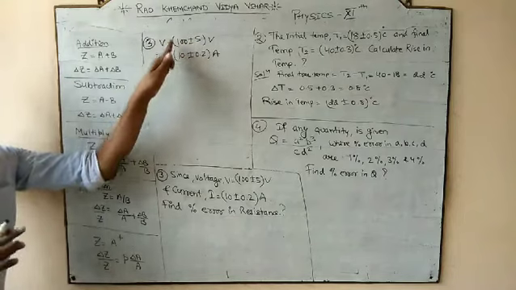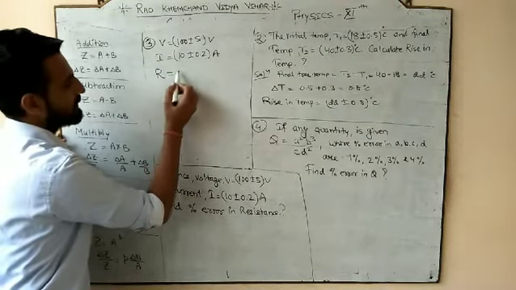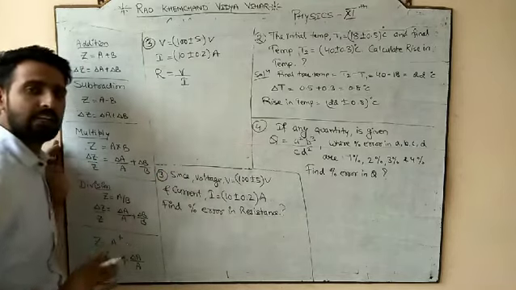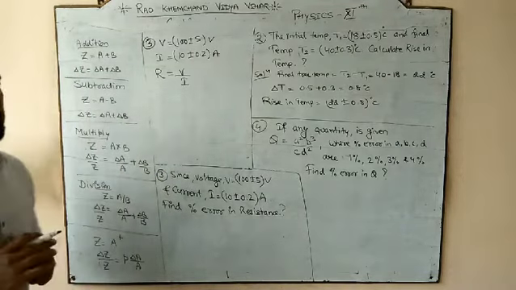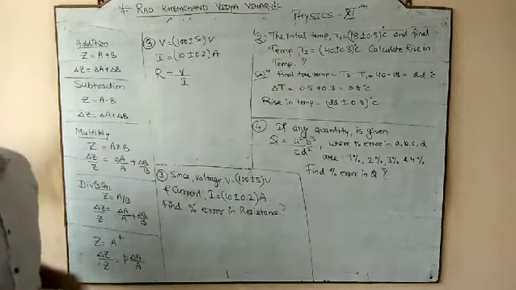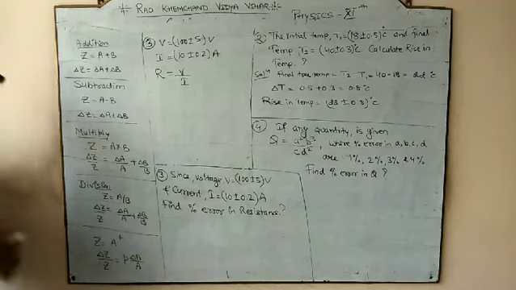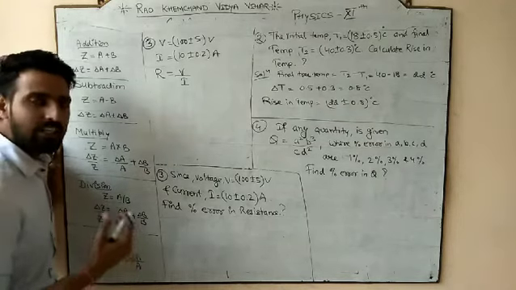So I have voltage, I have current. How can I calculate the resistance? We know that resistance is equal to V by I. So to calculate the resistance, we have to do the division of V by I, which means we have to perform the division operation. But he does not ask for the resistance.